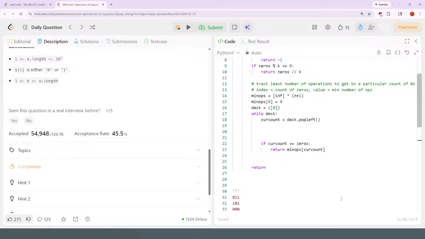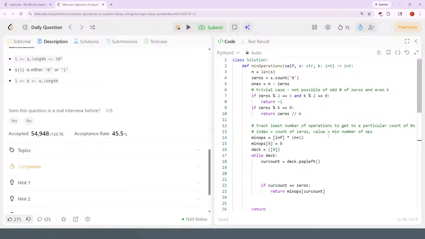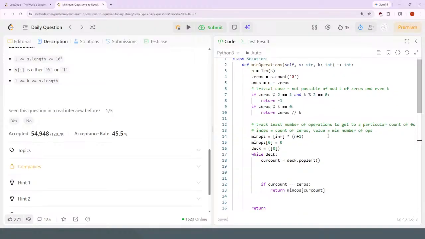If K was initially, let's say 1,000, the string length is 1,000, and number of zeros is like 500. If I go upwards from the number of zeros from 0.